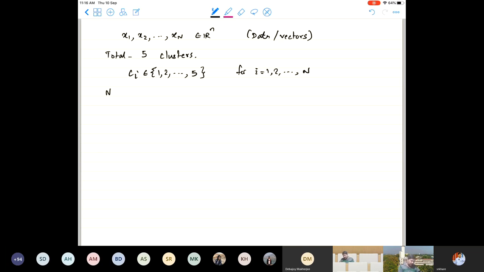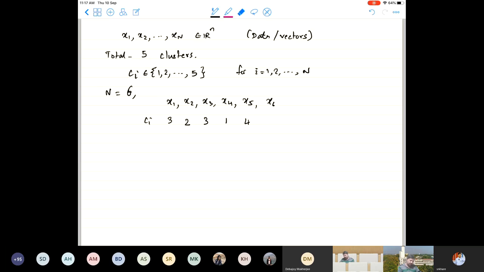For example, if I have N equal to 6, then I have x1, x2, x3, x4, x5 and x6. And my ci will be, suppose this belongs to cluster 3, this belongs to cluster 2, this belongs to cluster 3, this belongs to 1, this belongs to 4.